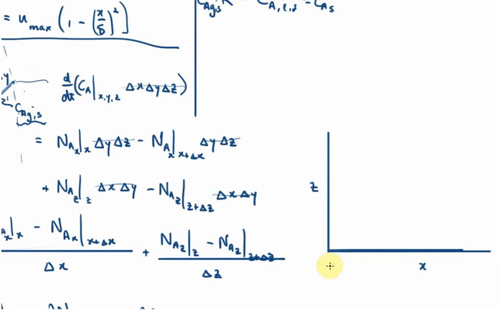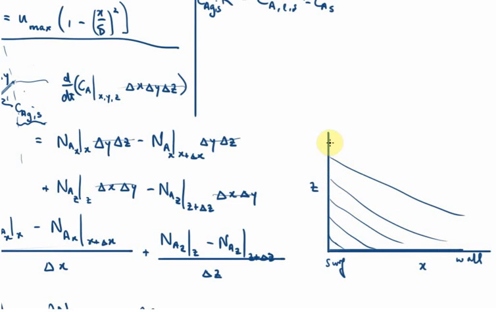The surface is here, and the wall is here. So we're going to start to see some of component A appearing here. Then as we look further down the film, more of A is going to penetrate, and so A is going to start appearing in our system like this.